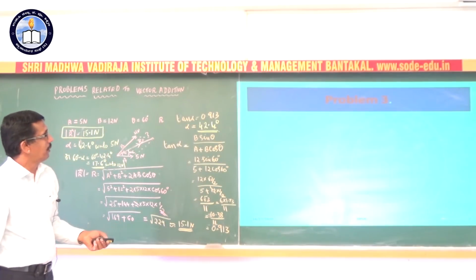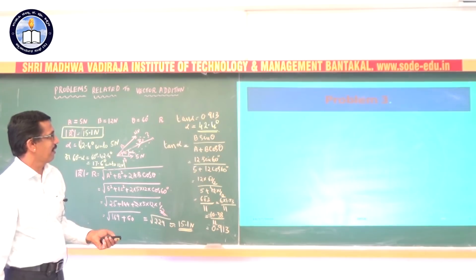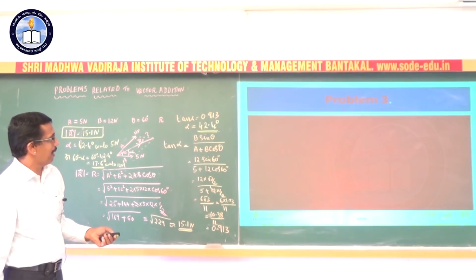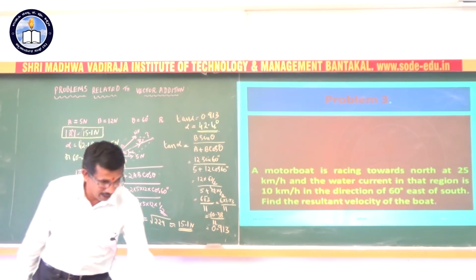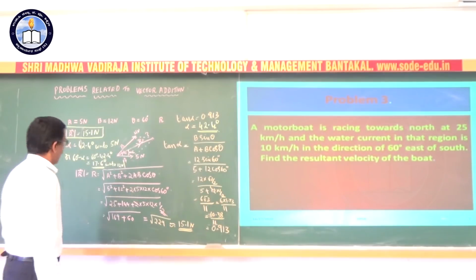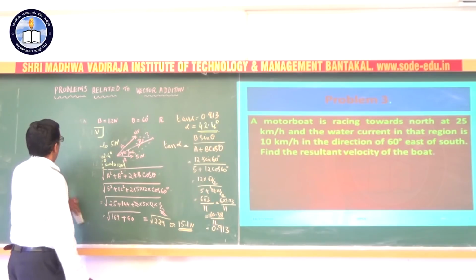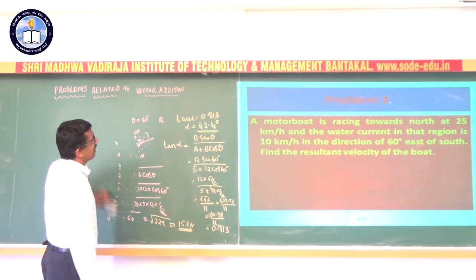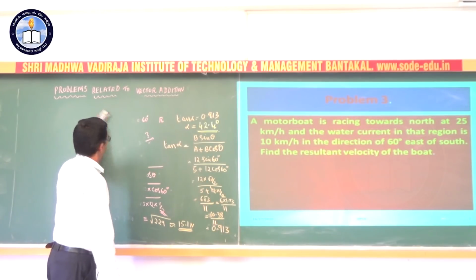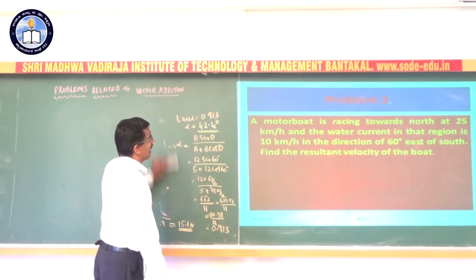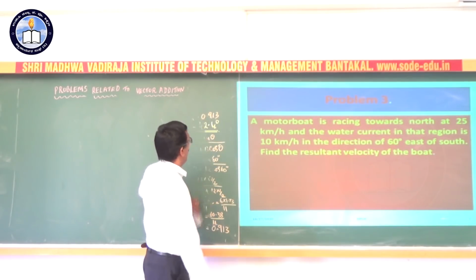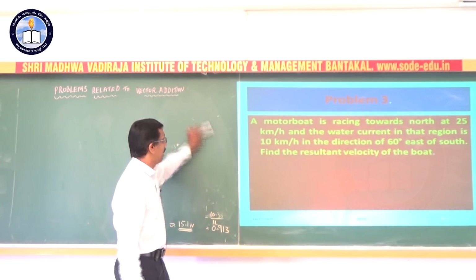Now we move on to the problem number 3. Problem number 3 is very interesting. See here, problem number 3 says a motor boat is racing towards north at 25 km per hour.